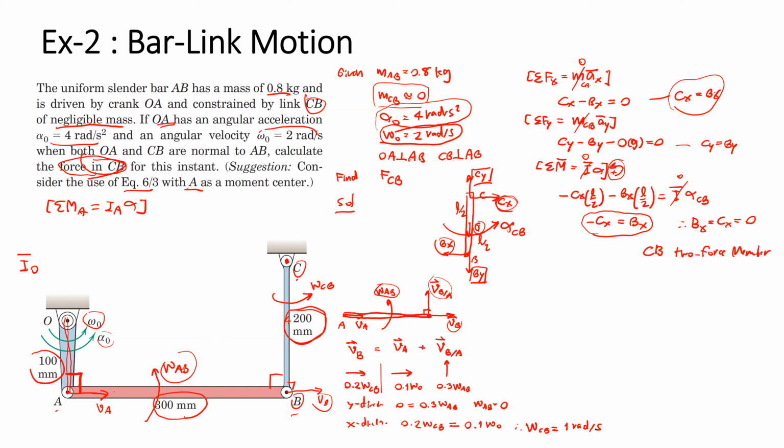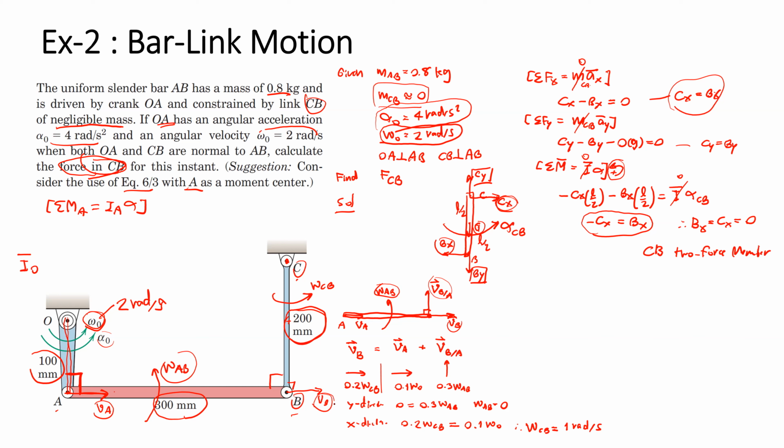Does that make sense for us? We know omega 0, 2 radian per sec. So in this situation, we compute the magnitude of velocity of VA. At this instant, we have the right angle here, and VA is only in the horizontal direction.